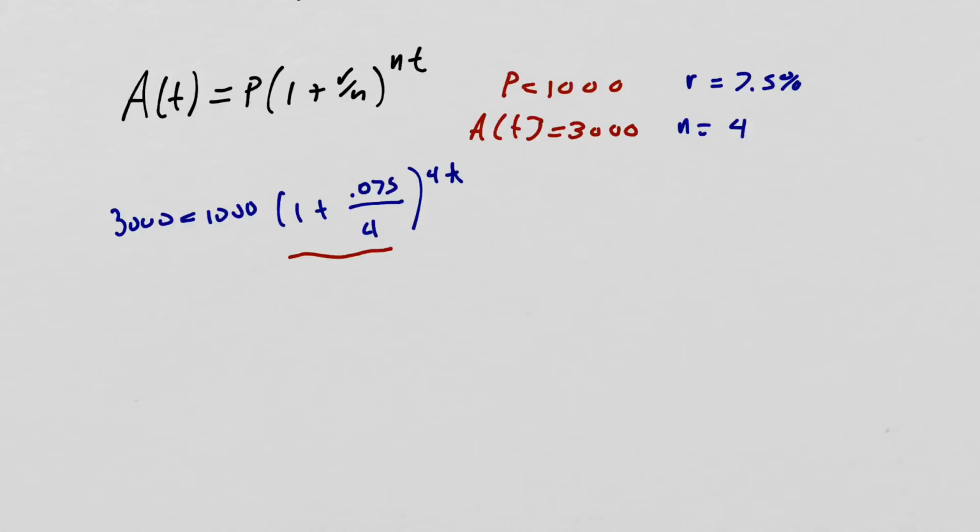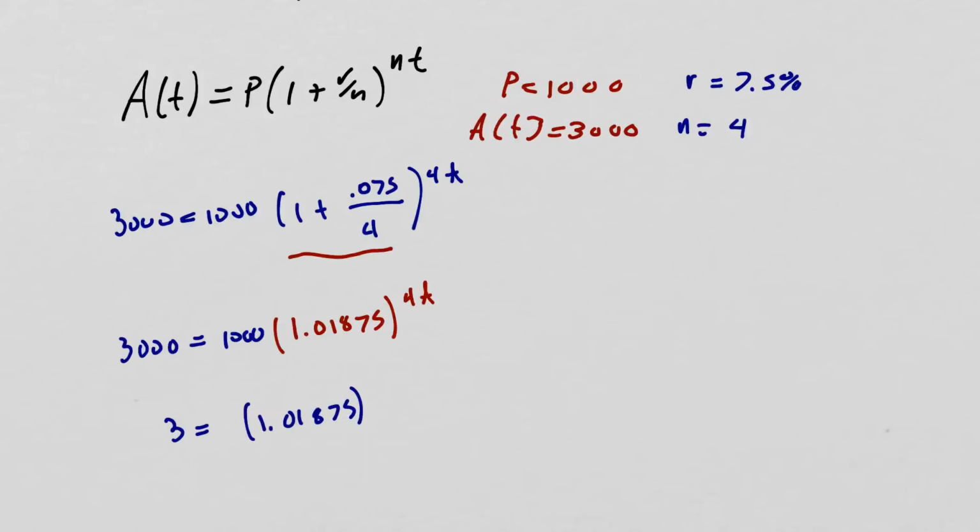Using a calculator, we see that this is the same thing as 1.01875 raised to the 4t. But we have 3,000 still on the left and 1,000 on the right. Dividing both sides by 1,000, we get that 3 is going to be equal to 1.01875 raised to the 4t.